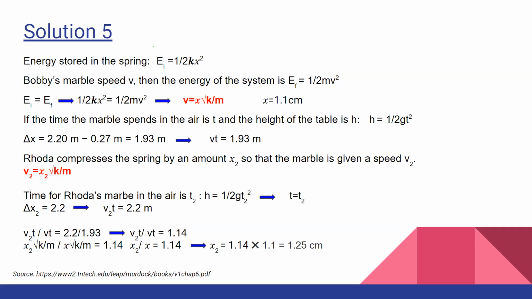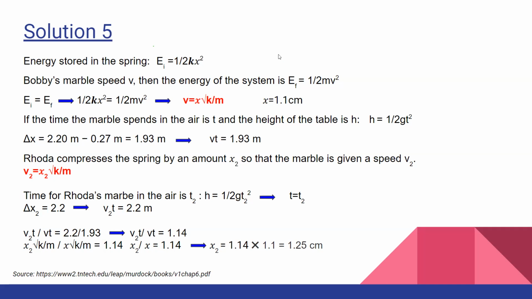So that's potential elastic energy. We know that Bobby's marble speed at the end, let's call this v, the kinetic energy right before the marble hits the ground is 1/2 mv squared.